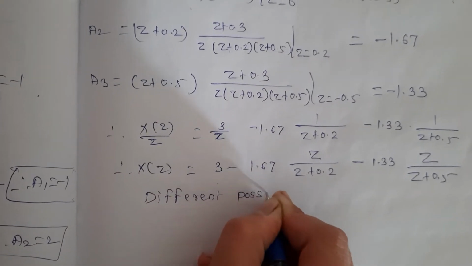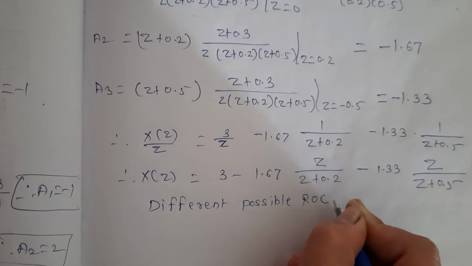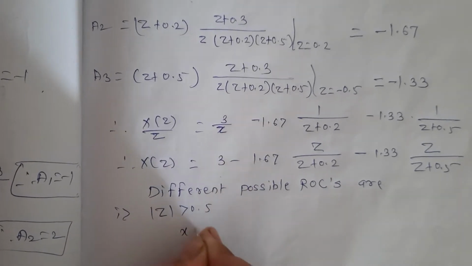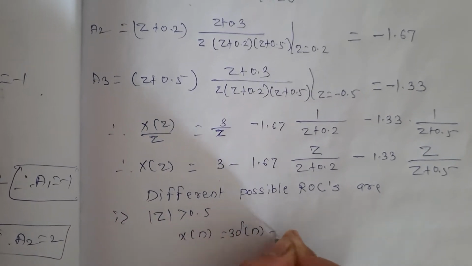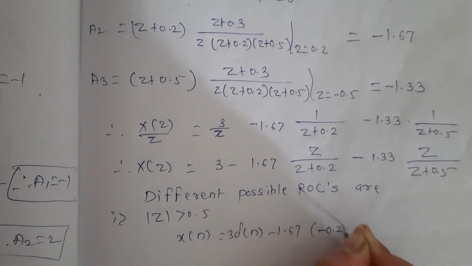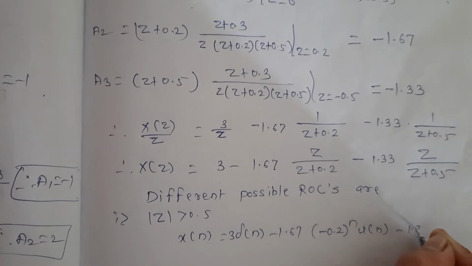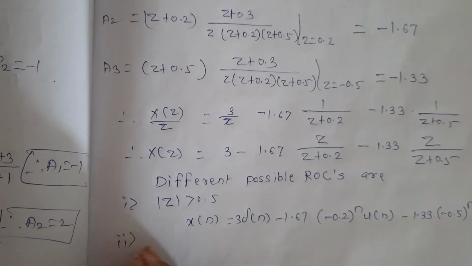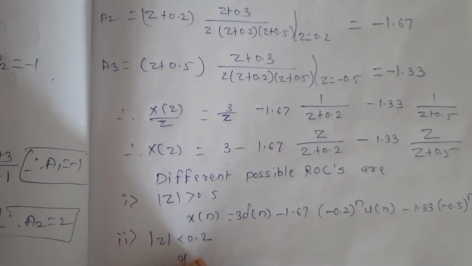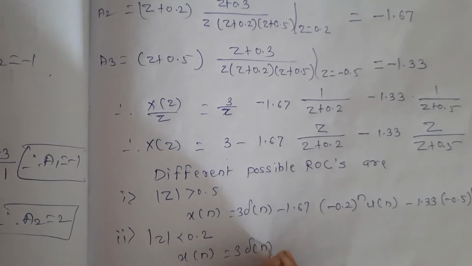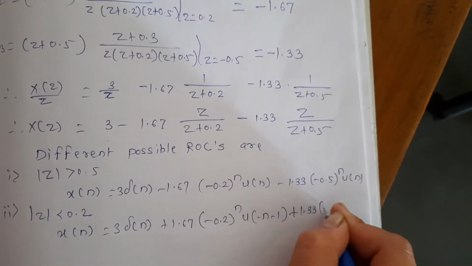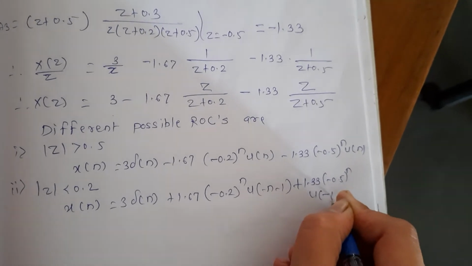The different possible ROCs are: first, |z| greater than 0.5, so x[n] is equal to 3 delta[n] minus 1.67 (-0.2)^n u[n] minus 1.33 (-0.5)^n u[n]. The second case is x[n] equal to 3 delta[n] plus 1.67 (-0.2)^n u[-n-1] plus 1.33 (-0.5)^n u[-n-1].